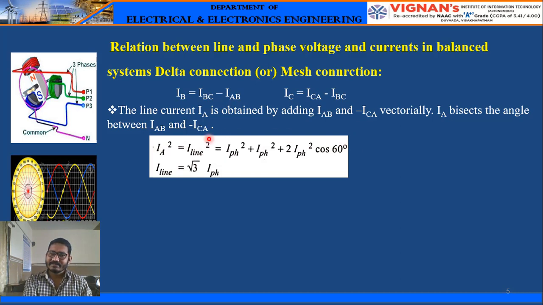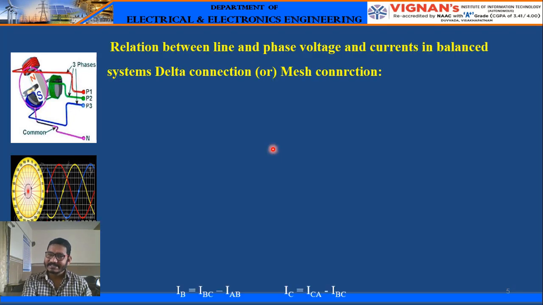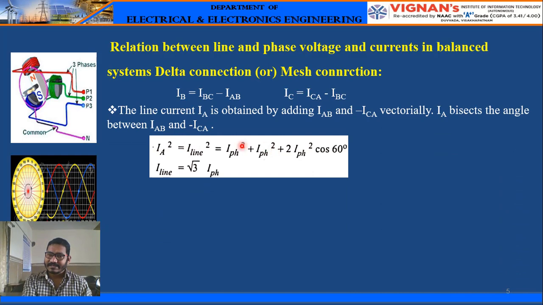Similarly, here you can consider the phase currents all equal, so IAB, IBC, ICA equal I phase. So IA square equals IAB square plus ICA square plus 2 IAB into ICA cos of the angle between IAB and minus ICA.